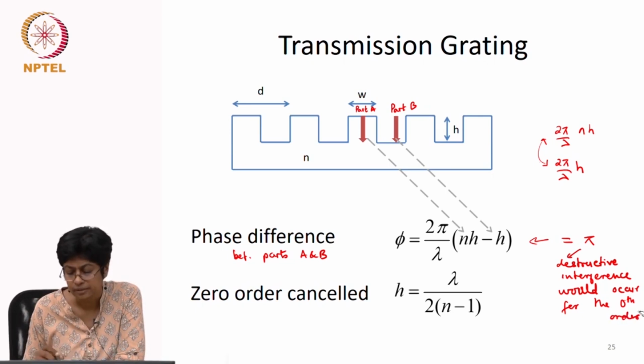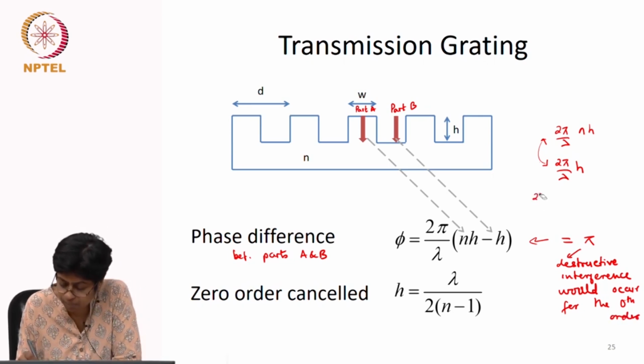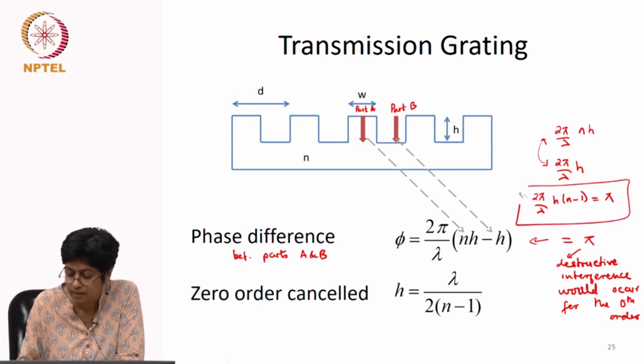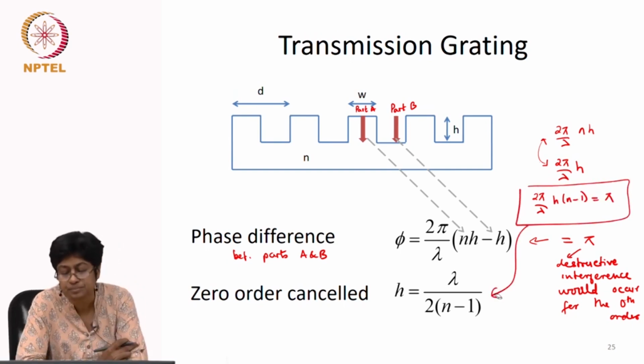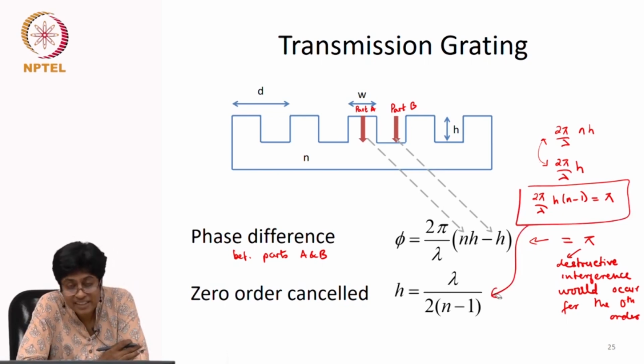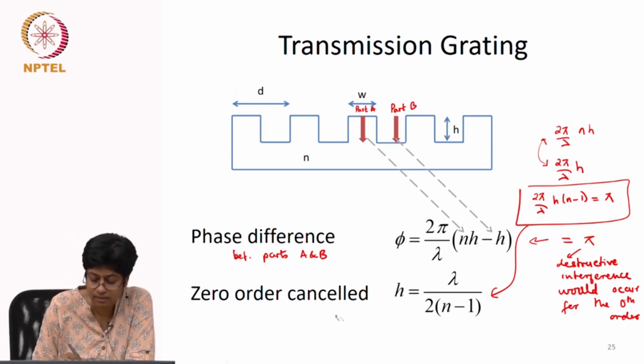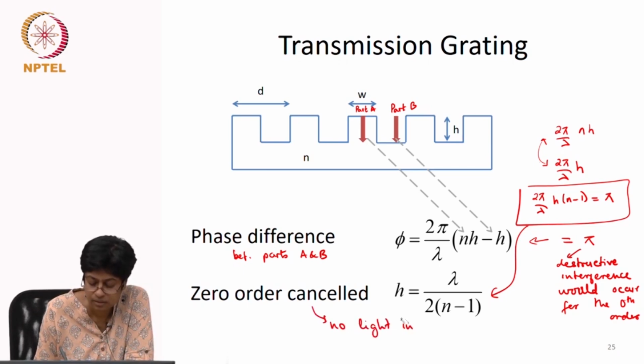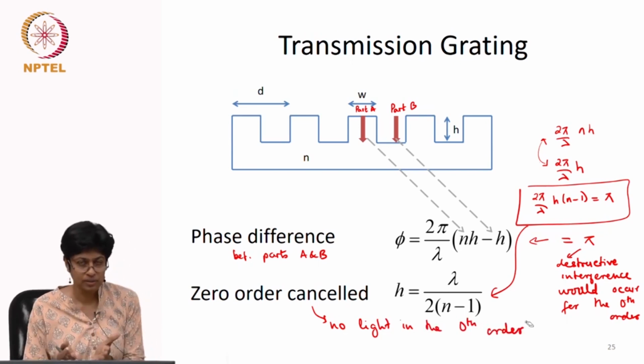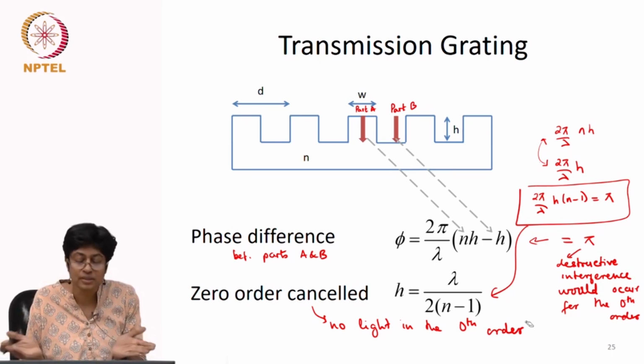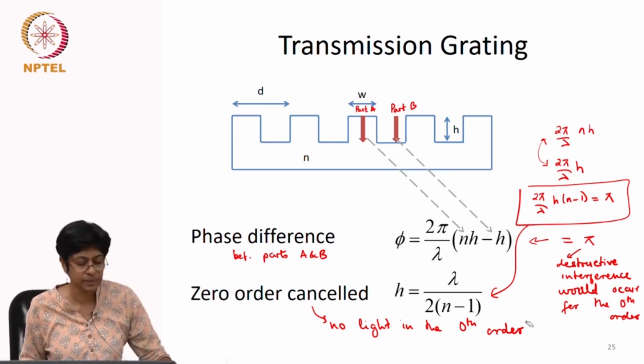And if I then use this expression, that is 2 pi by lambda h n minus 1 is equal to pi, and I extract h from this, this is the height the grating has to have in order to ensure no light in the 0th order. If the light cannot go in the 0th order, it has to go into the higher orders, and I've made it more efficient that way.